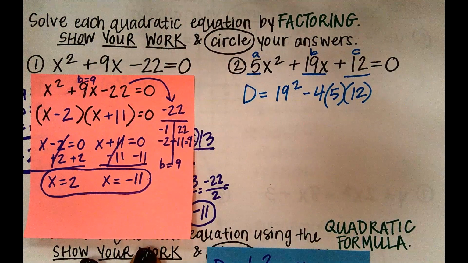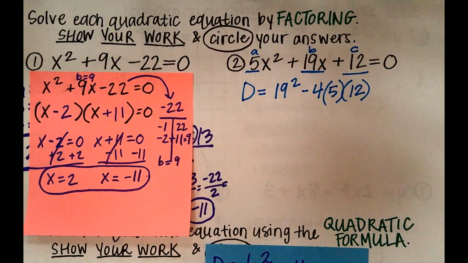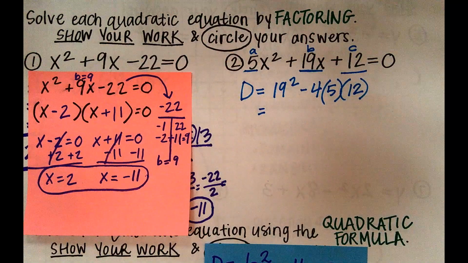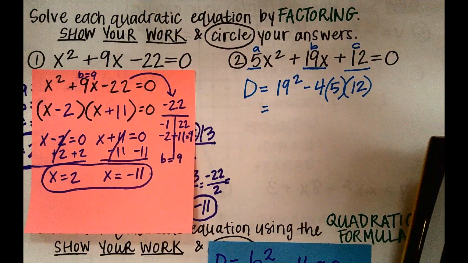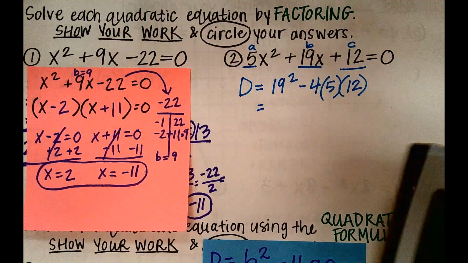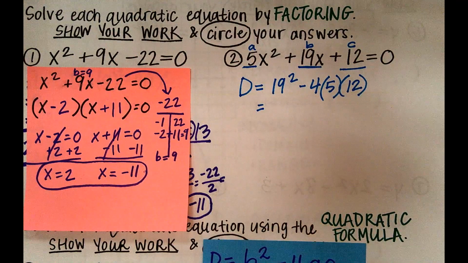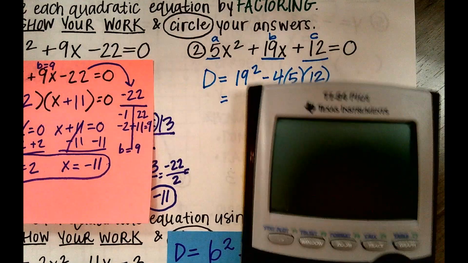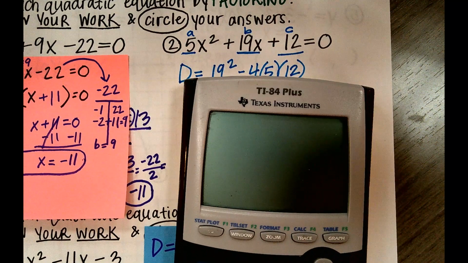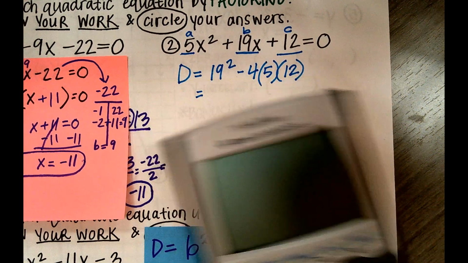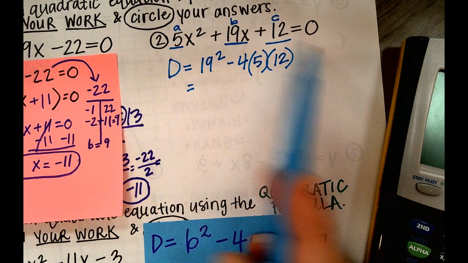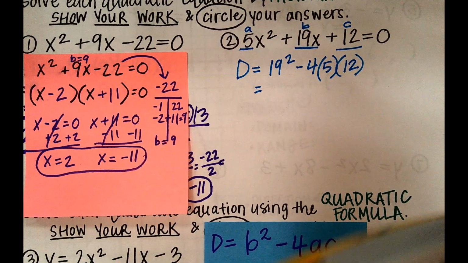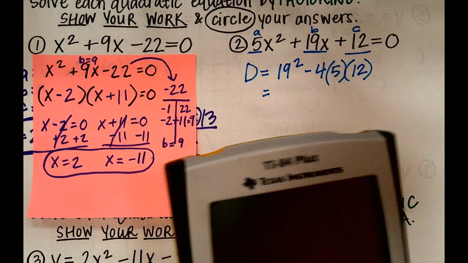Okay. So let's see. 19 squared. Can you show how to type that in, because I'm having issues. Yes. I could show everybody the all-at-once method. There's a way to type this in all at one time so that you don't have to do so many steps, and I'll show that real quick if anybody is interested.